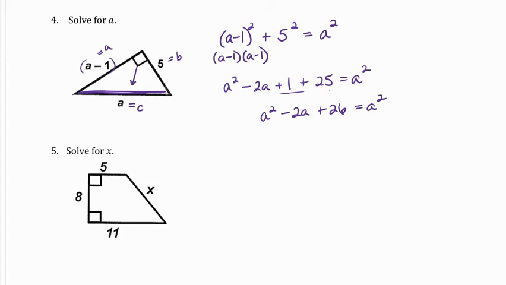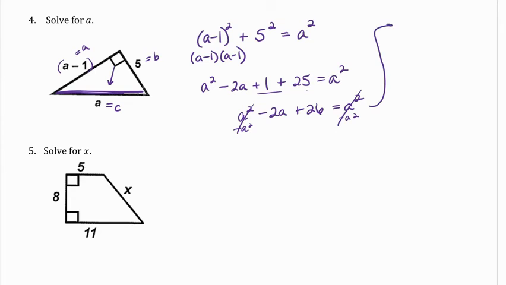To get my a squareds together, if I subtract that over here, they're just going to go away. So then we end up with just negative 2a plus 26 equals 0 because that a squared went away. And then if we finish solving, move the 26 over, divide by negative 2, we get a equals 13.